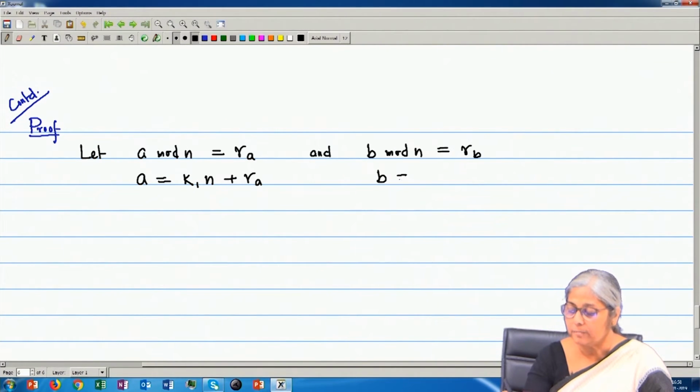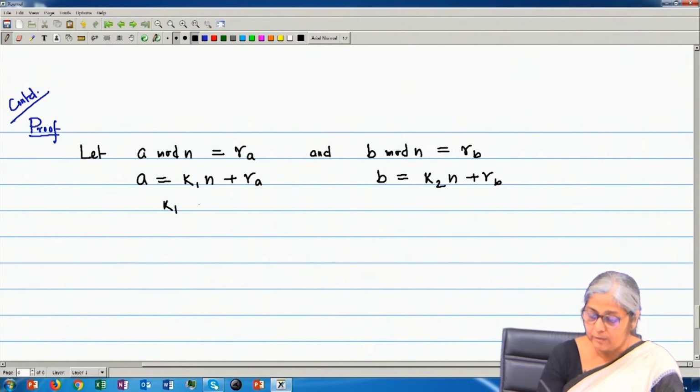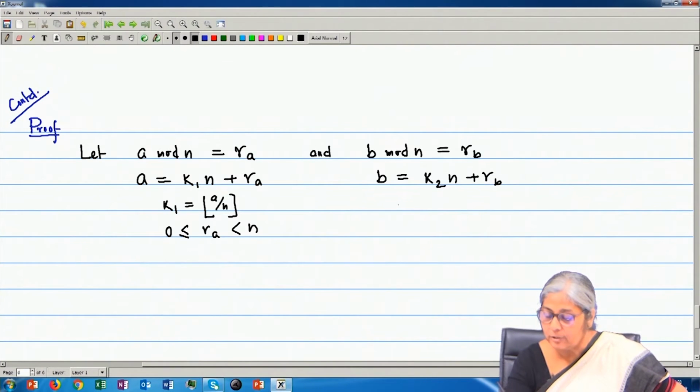Similarly, b equal to k2 n plus Rb. Here k1 is floor of a by n and 0 less than or equal to Ra less than n. Similarly, k2 is floor of b by n and 0 less than or equal to Rb less than n.